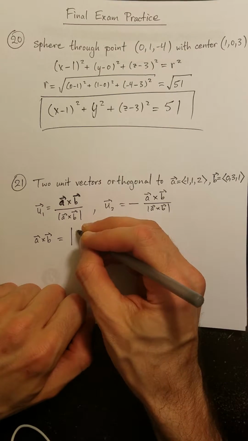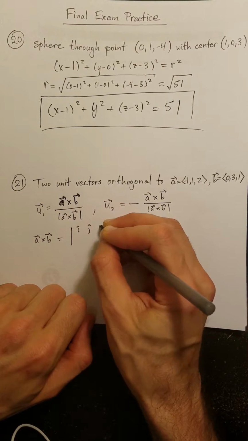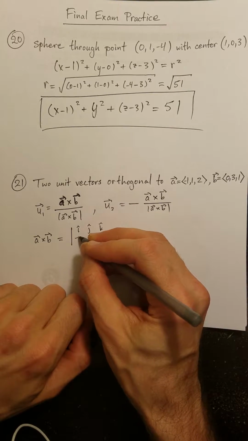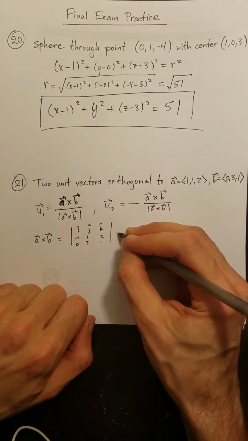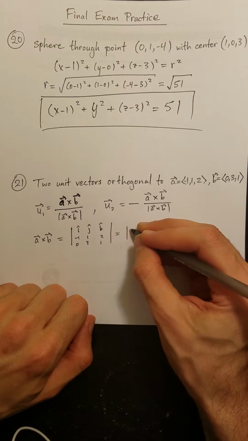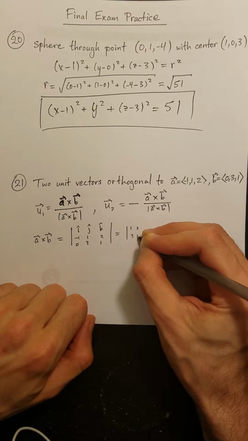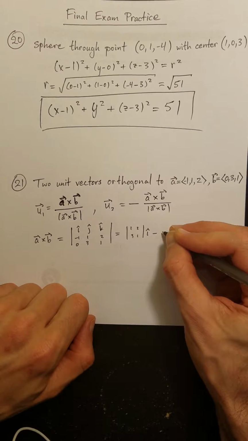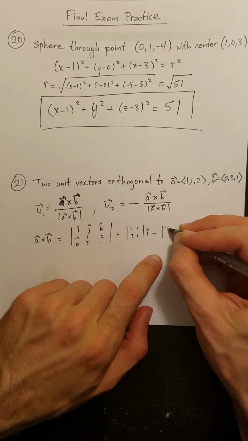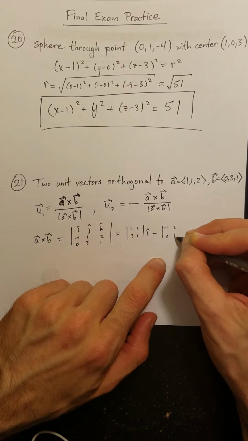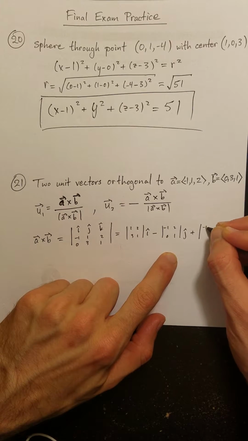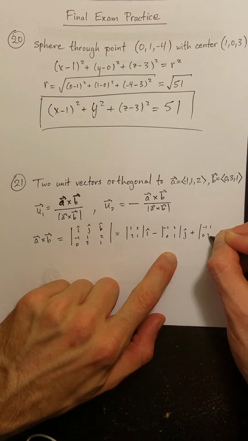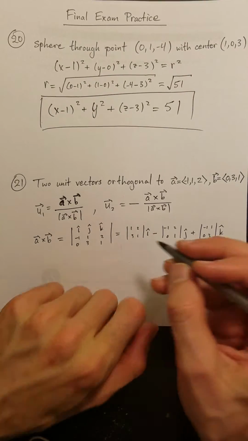So a cross b is going to be the determinant of i, j, k, minus 1, 1, 2, 0, 3, 1 in our case. And so now we have to evaluate the determinant 1, 2, 3, 1 for i, minus 1, 2, 0, 1 for j, and then minus 1, 1, 0, 3 for k.